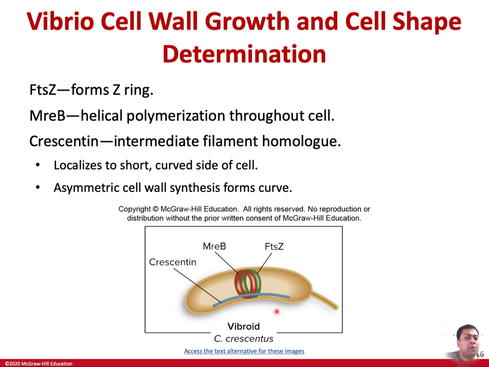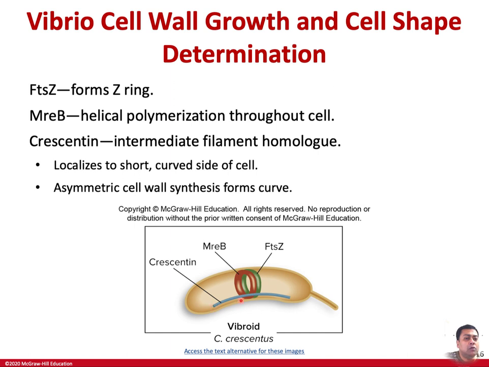But the interesting part is that there is also another protein known as crescentin, and this was studied in Caulobacter crescentus, or Vibrio cholerae, which do have the same structure as well. Crescentin is also a homolog of cytoskeletal protein.